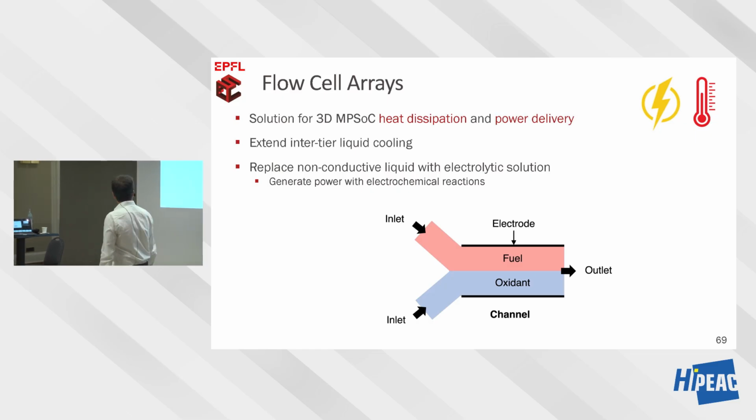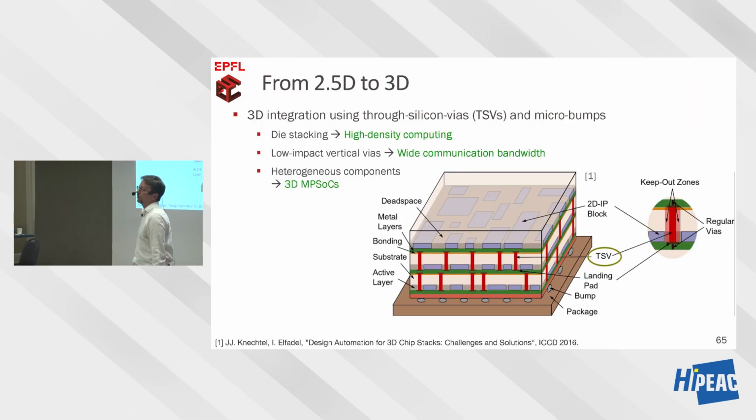Actually, one beauty of 3D integration is you can mix and match different technologies. So we used McPAT to model the memories, which were actually in 22 nanometers. Yeah, but the structure is kind of changed. So this is not monolithic integration. This is one chiplet on top of the other. What you're thinking about is monolithic integration.